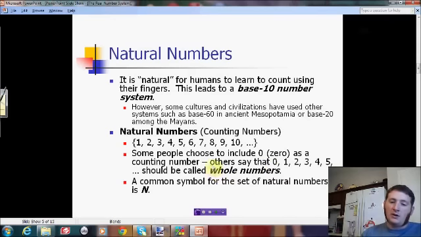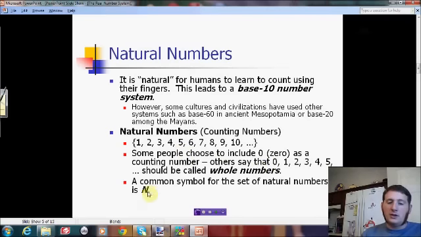Whole as in like a hole in the ground. If you forget the W, it kind of looks like a zero. But for purposes of this class, when we need zero to be a natural number, we'll just make it a natural number, but most of the time we'll be looking at natural numbers as these numbers. And we won't worry too much about whole. We'll immediately skip from natural numbers to integers.